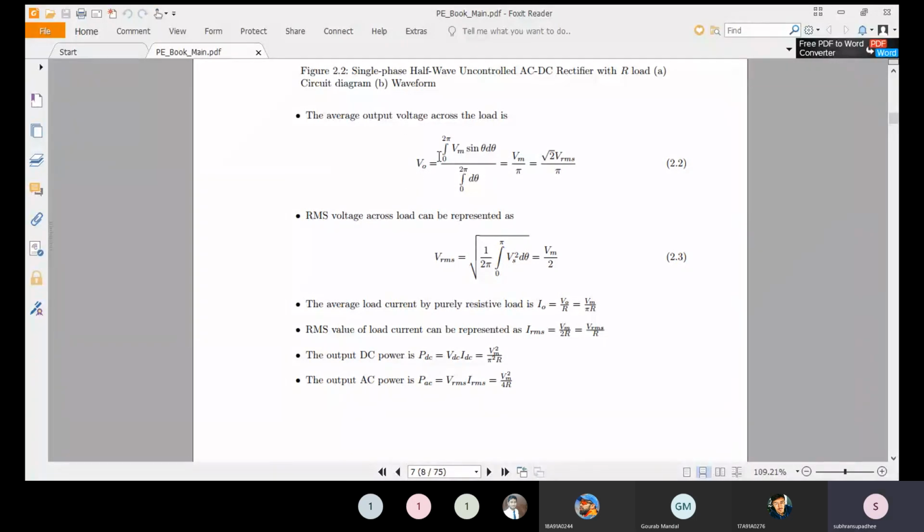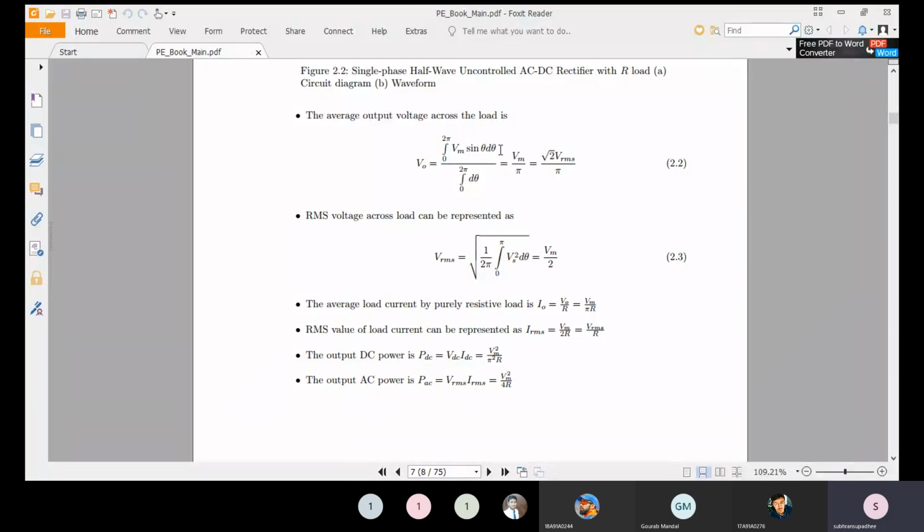We know the formula for average, since the source wave is a sinusoidal wave: V0 equals the integration of 0 to 2 pi Vm sin theta d theta divided by 0 to 2 pi d theta. So the average output voltage is Vm by pi.